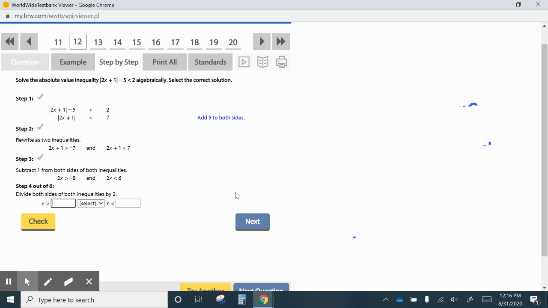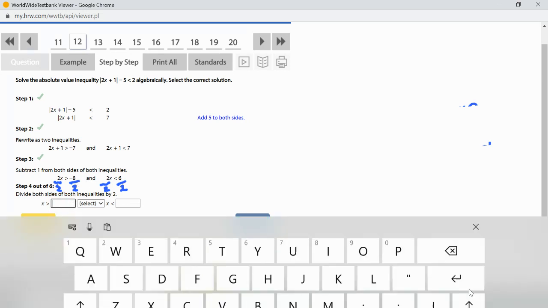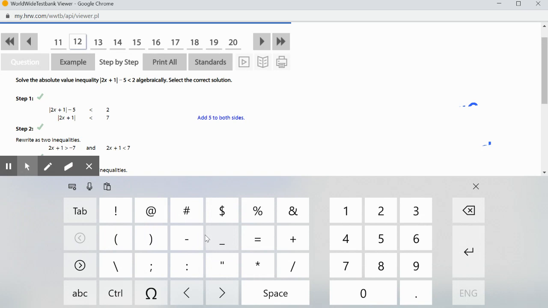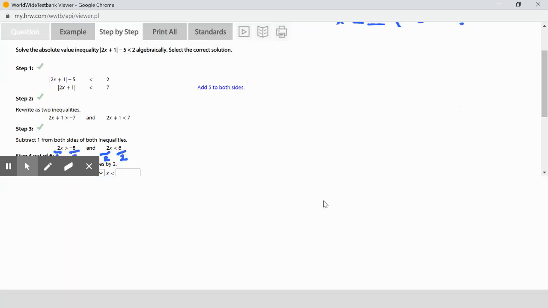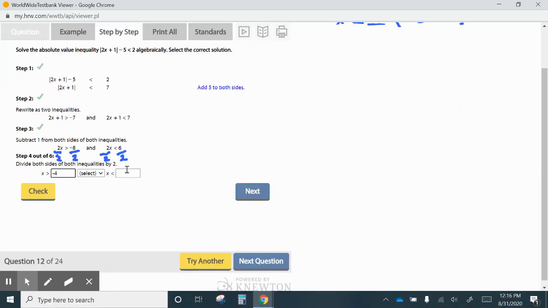Divide both sides of the inequality by 2. Dividing 2 here, dividing 2 here, and then dividing 2 here, and 2 here. Okay, so negative 8 divided by 2 is negative 4, and 6 divided by 2 is 3.